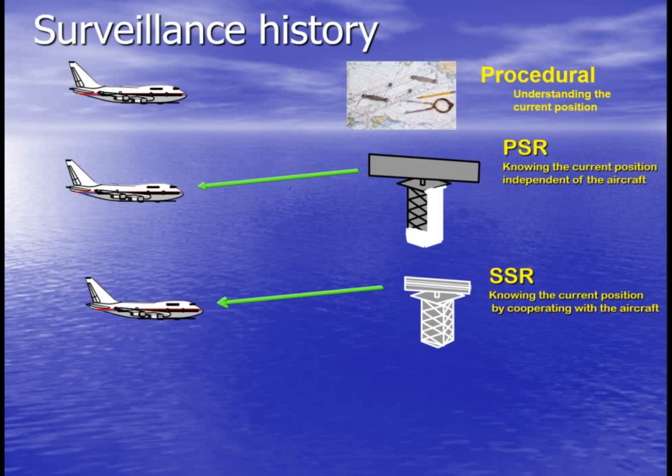The transponder sends back a reply containing information like the aircraft identification, selected level, and many others. In other words, the ground equipment cooperates with the onboard equipment to determine the current position of the aircraft.